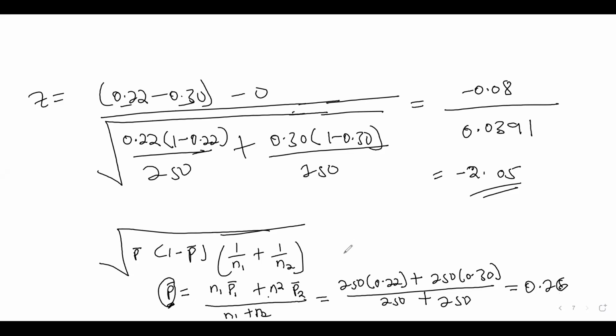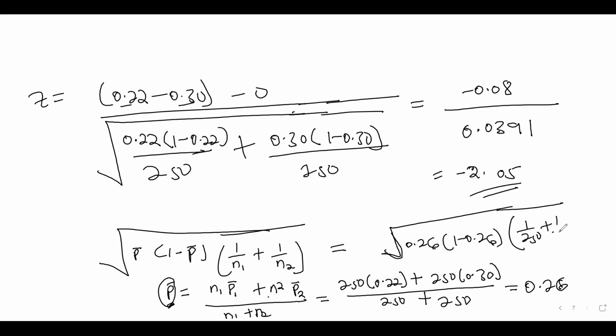So let's bring it back into the formula here. This will give us the square root of 0.26 into bracket 1 minus 0.26, multiplied by 1 over 250 plus 1 over 250, all right? So if you punch this very well, it's like all the three are multiplying.